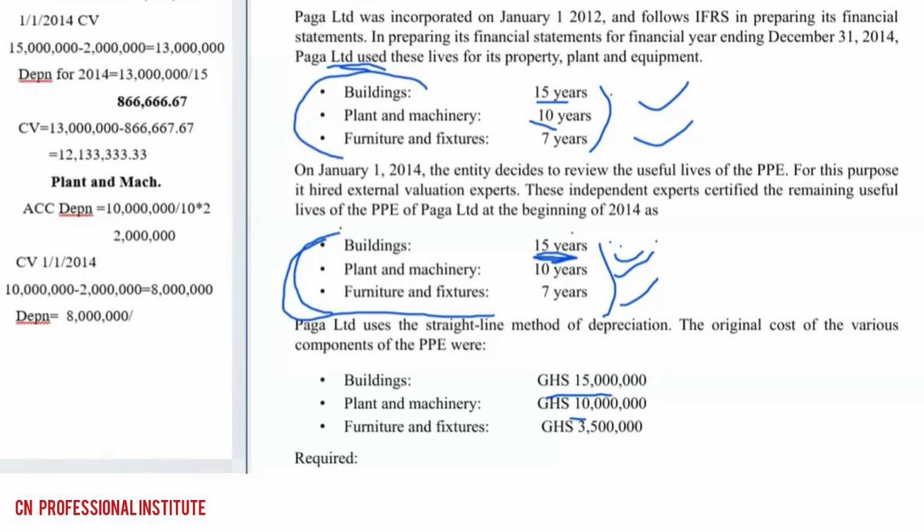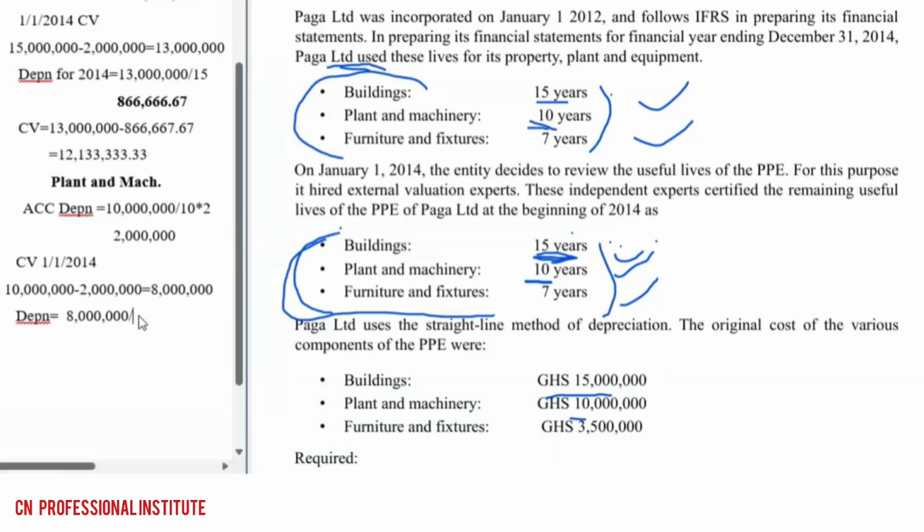Here in this question, once again, total life is 10 years. We've charged depreciation for 2 years, so we would have been left with 8 years. Are you following? But the question said the remaining is 10. So we have to use the remaining 10.